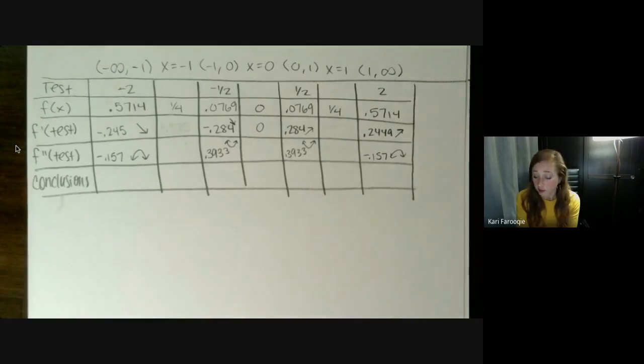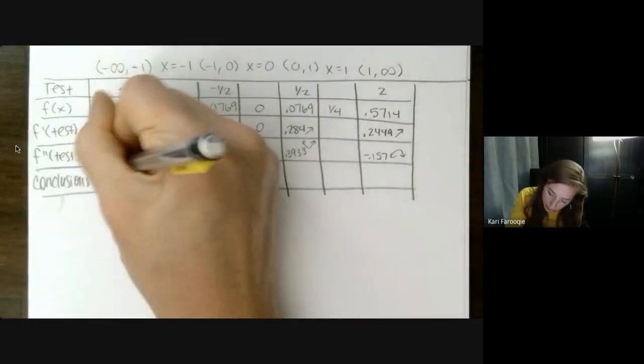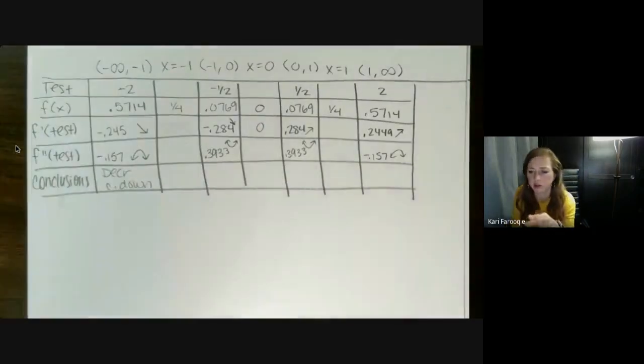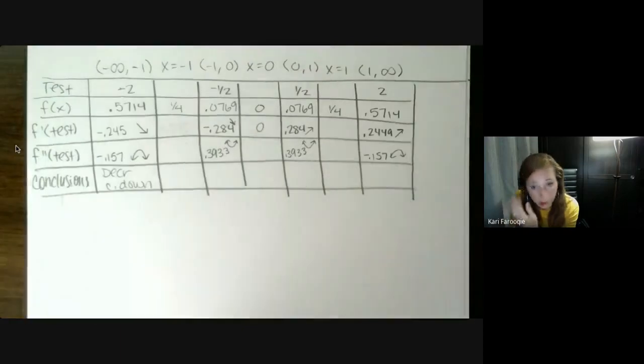And there's a ton of information in all these random numbers. So we know that on the interval from negative infinity to negative 1, we have a function that is decreasing and concave down. Before I proceed with the table any further, are there any questions about how I obtained this information?